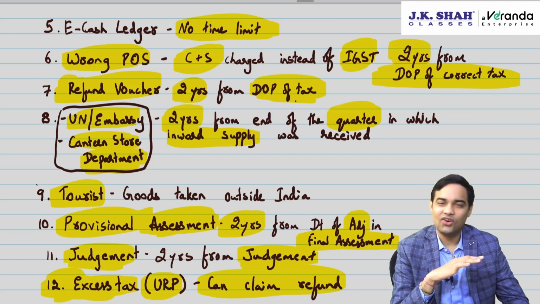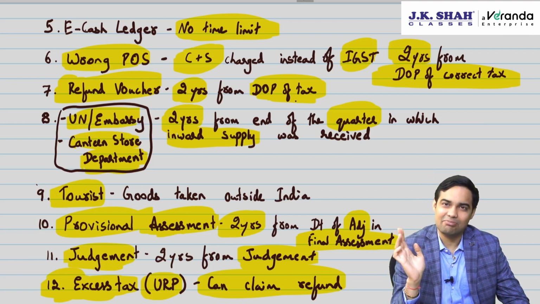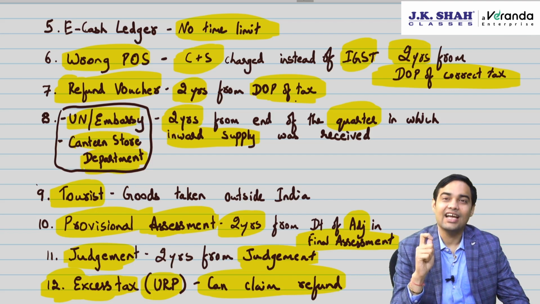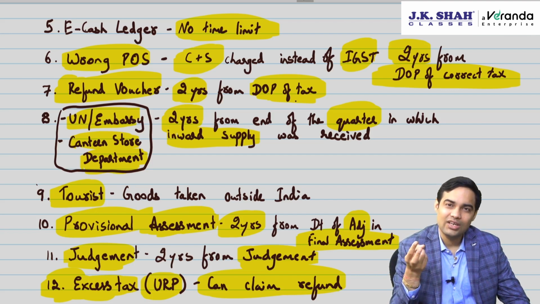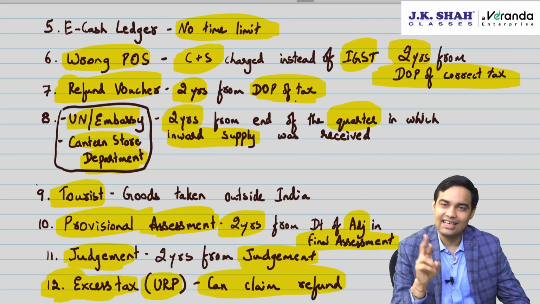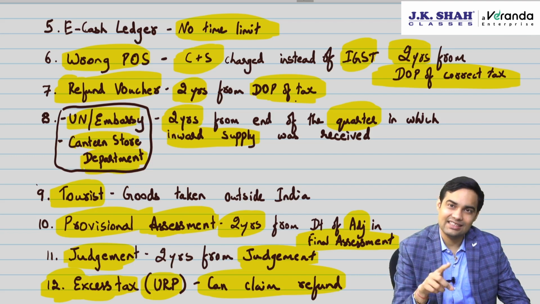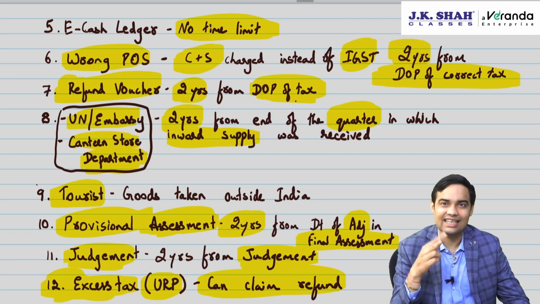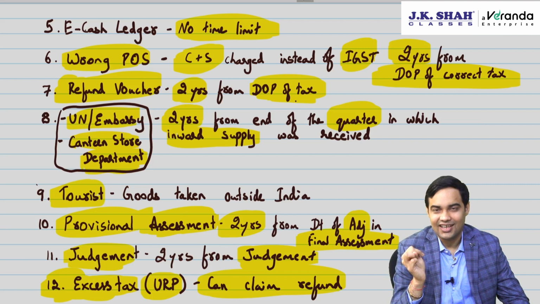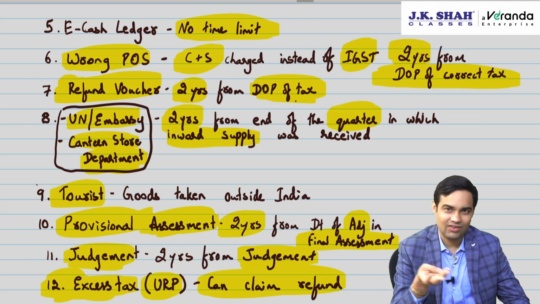Reason for this is all refund applications are subject to a principle of unjust enrichment. Unjust enrichment meaning only the person who has borne the tax, he can claim refund. Anyone else claiming refund is unjustly enriching himself. So in all cases I have to prove unjust enrichment, except in case of refund voucher, wrong place of supply.